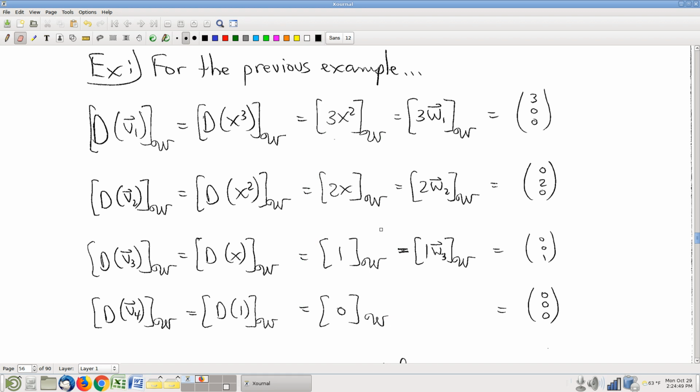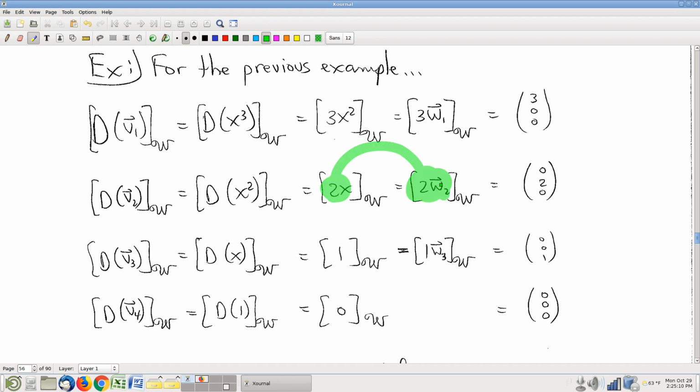Well, 3x squared, x squared was W1, so that's 3W1 plus 0W2 plus 0W3. How do I write 2x? Well, keep in mind x is W2.